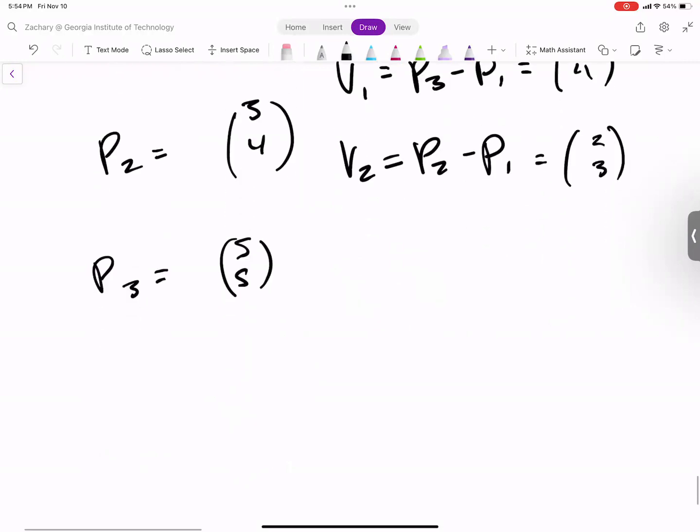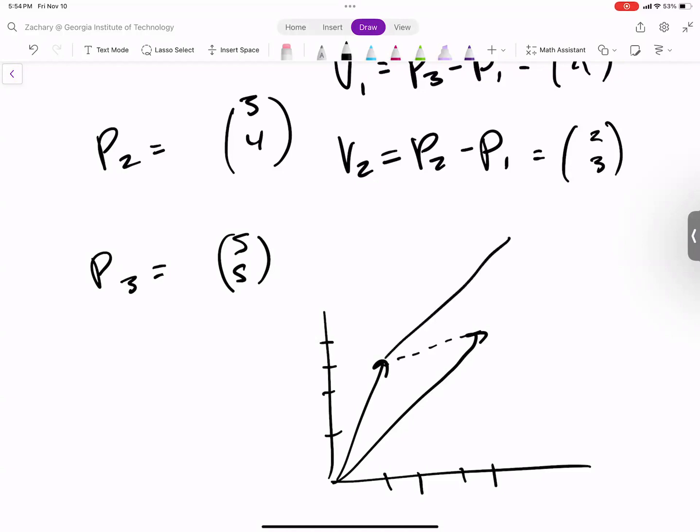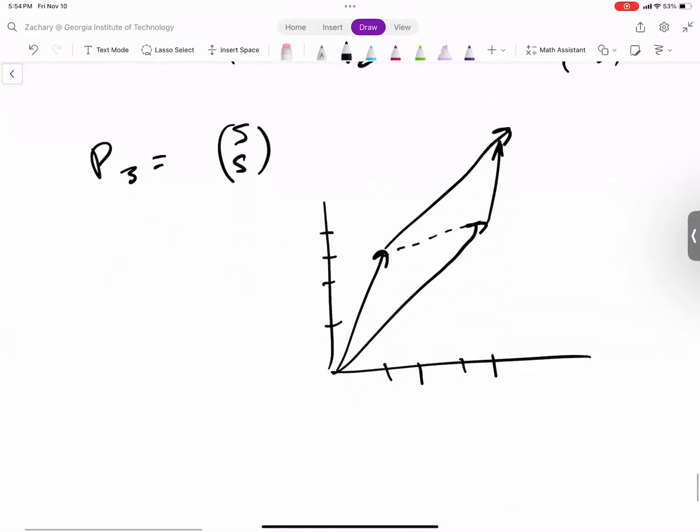And what we do is to find the determinant. If I draw this on a graph, 2, 3, 4, 4, the triangle would be this triangle here. But we can't find that so easily. What we can find is the area of this parallelogram. The full area of this parallelogram is the determinant of v1, v2.